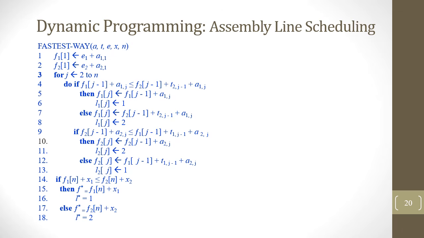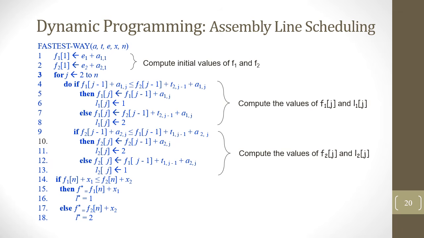Following is the pseudocode for the assembly line scheduling problem to find the fastest way through the assembly line. Initially, we will compute the fastest time to station 1 on both lines, and using these values we will compute the fastest time from station 2 to station N for both lines, and in the process we will fill up the F table and the L table.